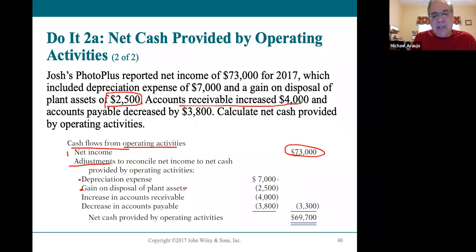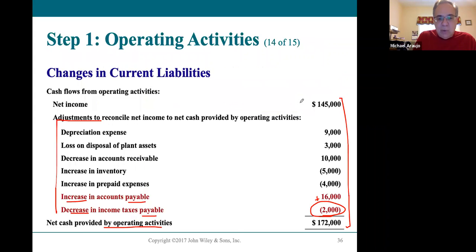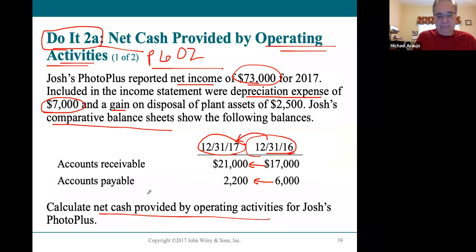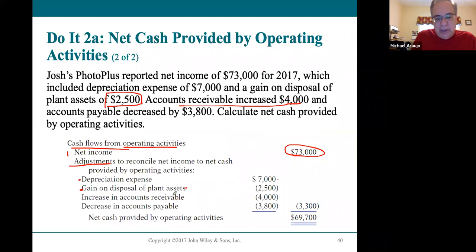If accounts receivable increased by $4,000, let's go back to our chart. Going too fast. Here we go. Any increase in a current asset account needs to be deducted, and so the increase in accounts receivable will be deducted from cash. And then accounts payable decreased by $3,800, and decreases in liabilities are also taken out.